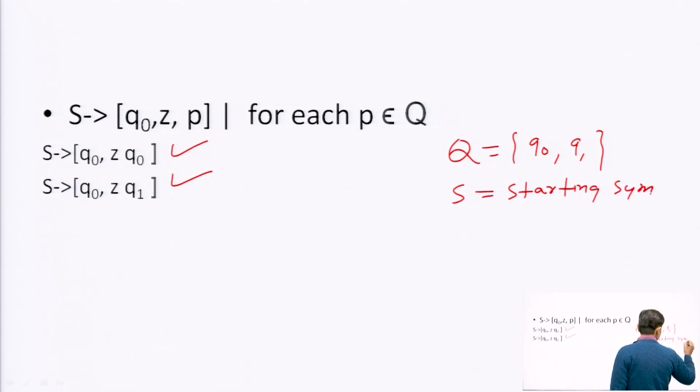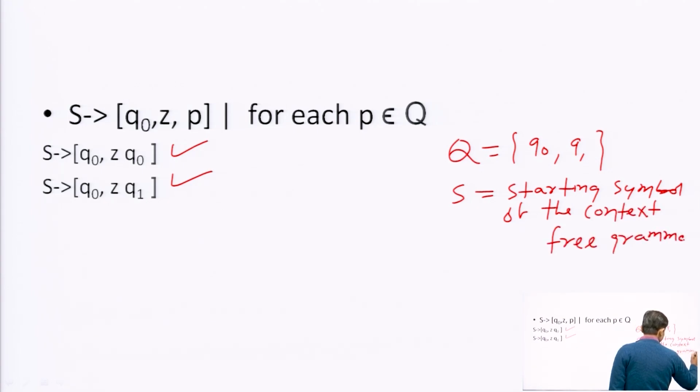These are the starting rules to derive the productions from a pushdown automata.